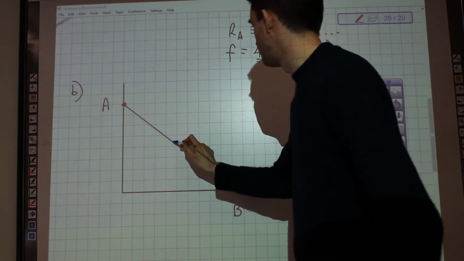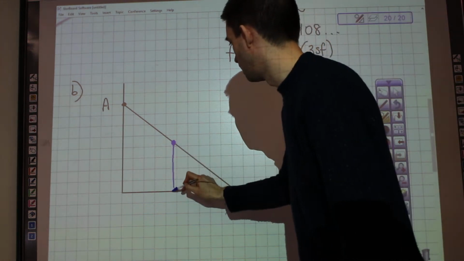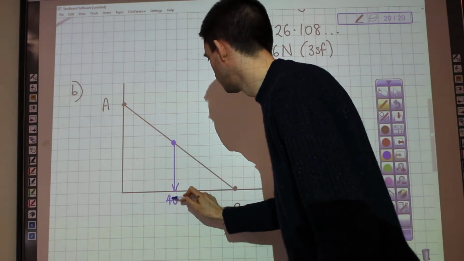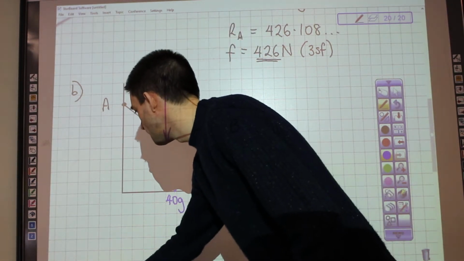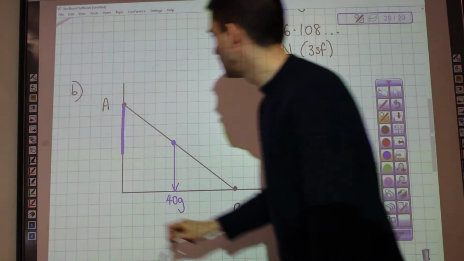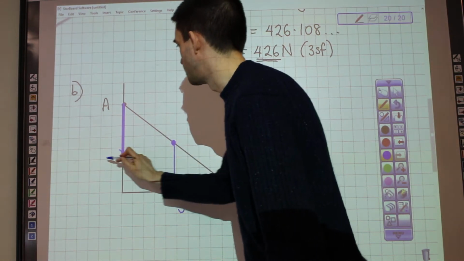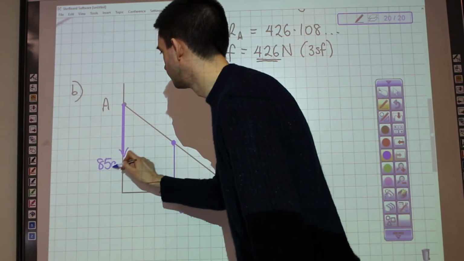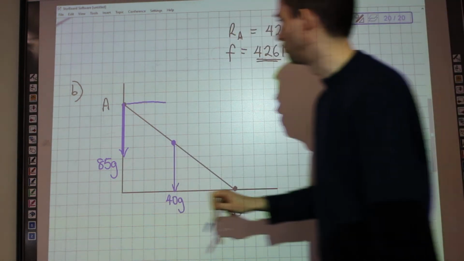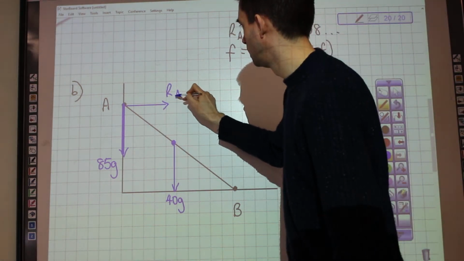We still have our mass of 40 kilograms, which means we have a weight of 40 G. But now, our weight of 85 G is now stood at the top of the ladder. As mentioned, that has caused the reaction force at A to change value.